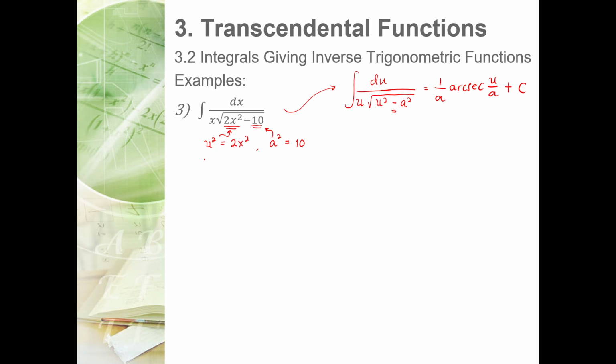Getting the square root of the terms, u is equal to square root of 2 x, then the other term, a is equal to square root of 10.